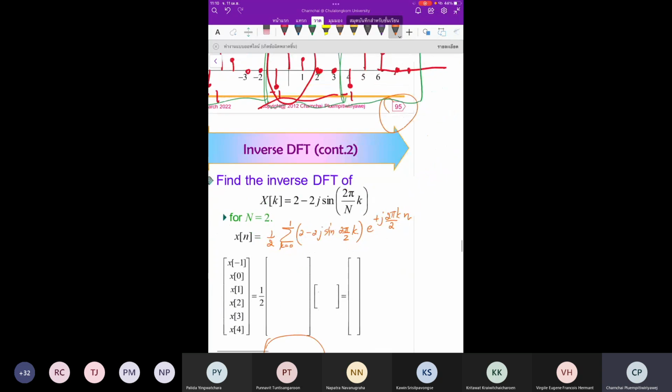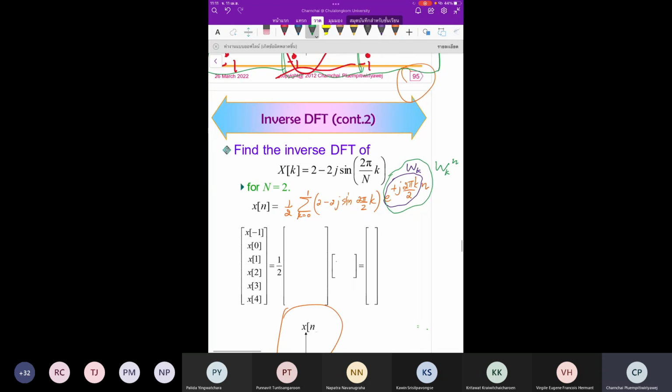Okay. So in this case, for convenience, a lot of times we call this term W_k. If this term is W_k, the whole thing here is W_k to the power of n.